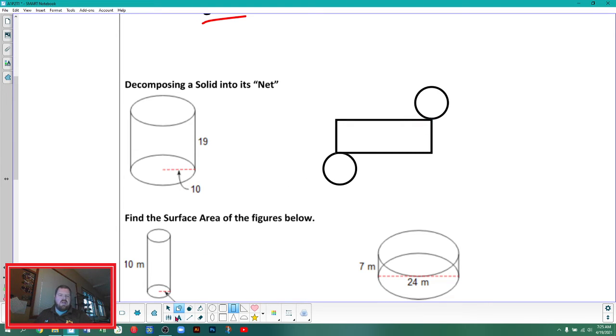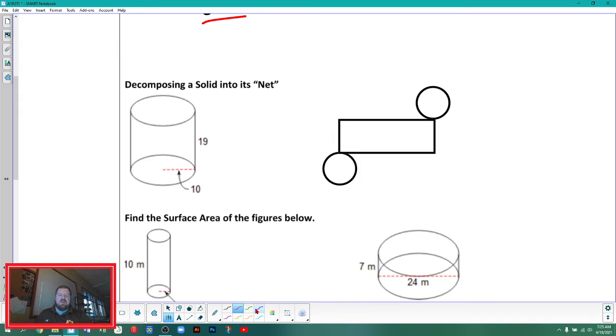We'll try to do it as good as we can. I'm really trying to make those two line up at the very top of this circle and the very bottom of this circle. That's my goal.